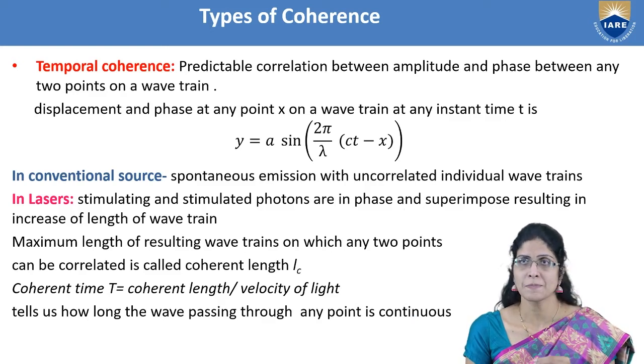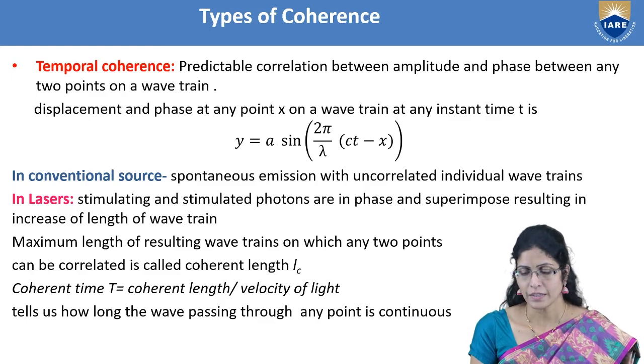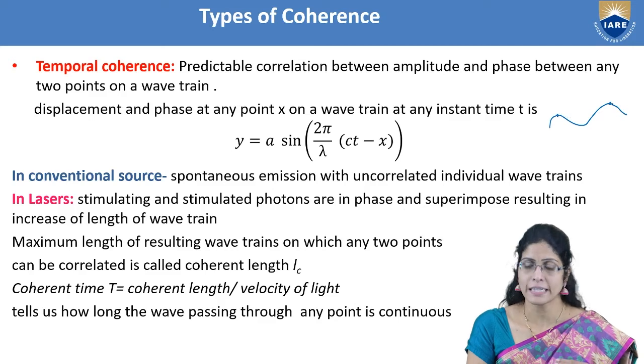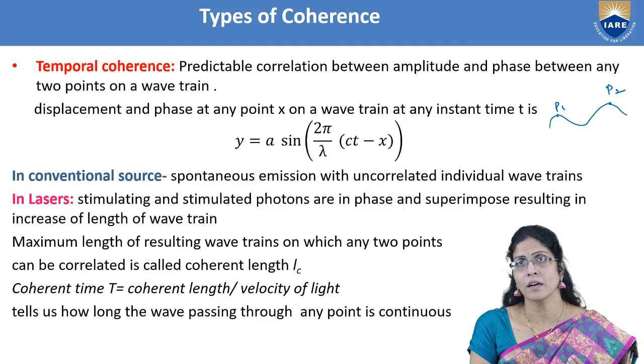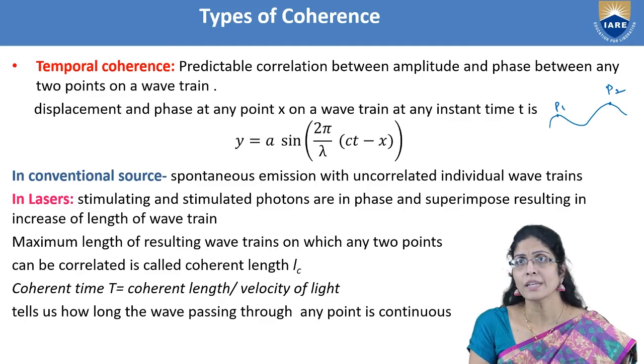Temporal coherence means you can see the amplitude and phase. When you take a wave train, you can correlate the amplitude and phase of this wave train at any two points P1 and P2 with respect to its displacement. How can you do this?